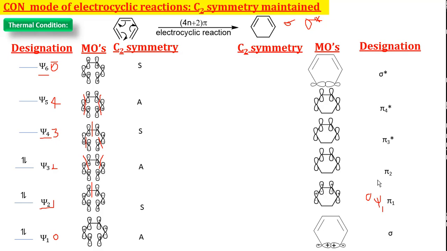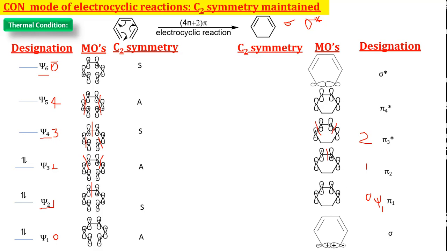Okay, pi 2, 1 node is present, and that node will come at the middle of the orbital. Here you start with plus, there is no node, so plus will come. Here node is present, so we get minus. Then no node, therefore minus will come. And psi 3 has 2 nodes, which will come at these places. Here we have plus, node is present, therefore we get minus.